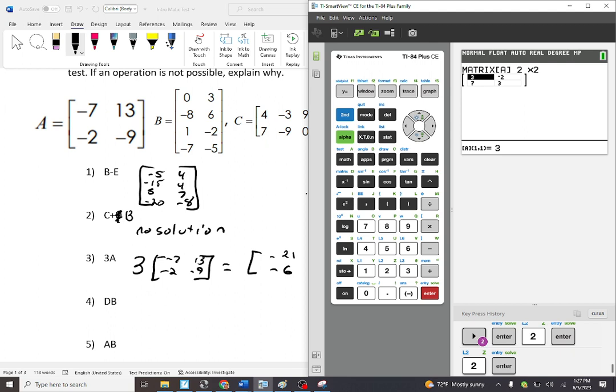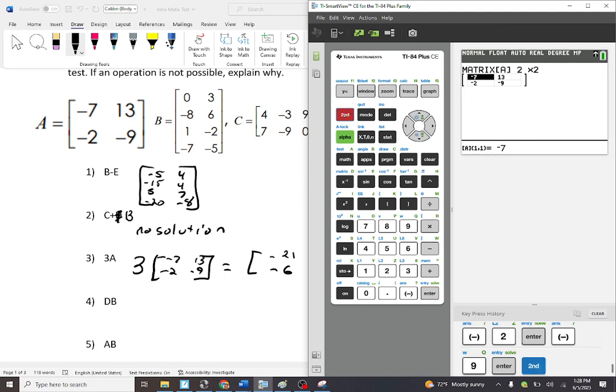When we do B, you'll see. So I'm going to do -7, press enter. It always goes left to right. So -7, 13, enter. -2, enter. -9, enter. And it goes back to the top left when you finish. Just take one last look at it.